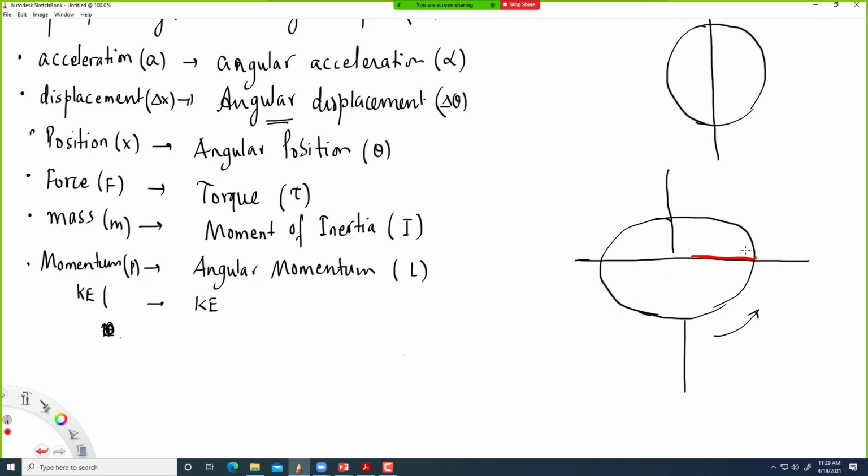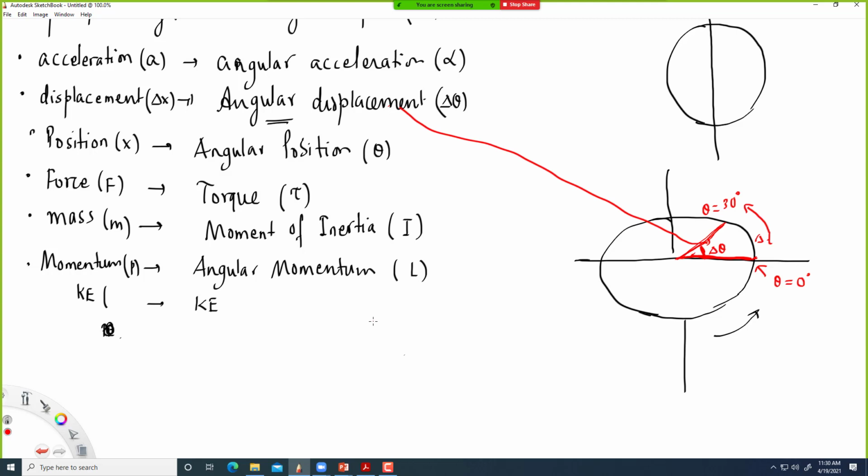It's rotating counterclockwise, and at some time delta t later, it's now at this point. So this red line is now at this point. It started here, this is the zero mark, zero angle, and here at delta t time later, theta is equal to some angle, let's say 30 degrees. So this angle is the angular displacement.